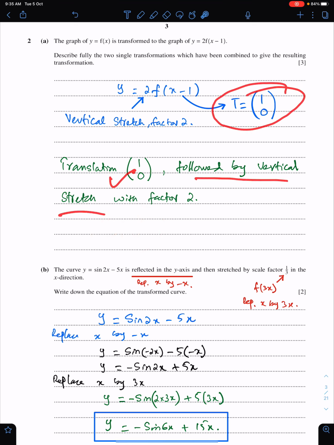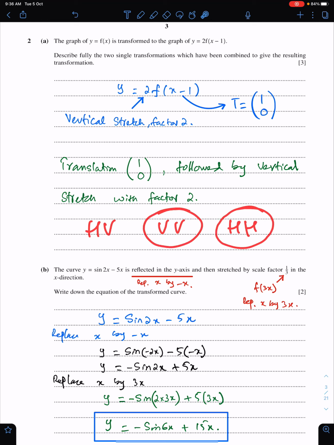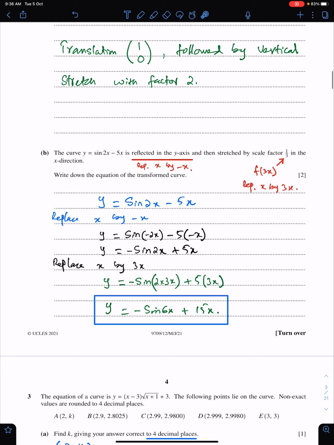This is the description of this combined transformation. So first recognize the transformation and then describe it according to these rules. I discussed these things in detail in my lecture summary of transformations of functions. Next part.